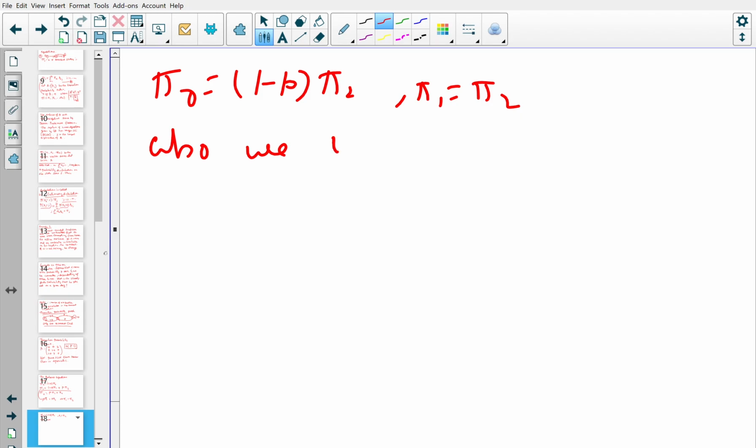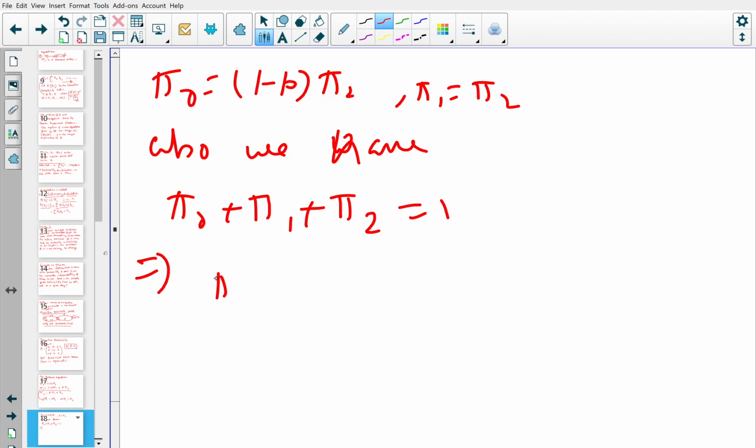And also we know that we have the equation pi 0 plus pi 1 plus pi 2 equals 1, right? Now if we replace these two things, then you have pi 2 times (1 minus p plus 2) equals 1. So what does that mean?